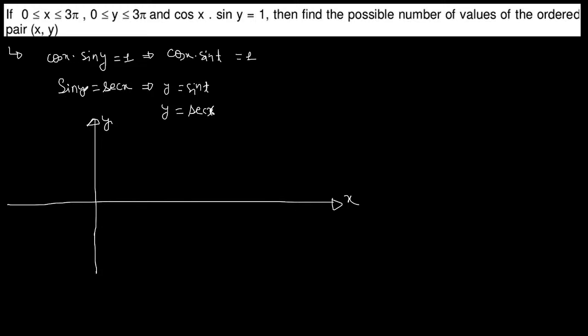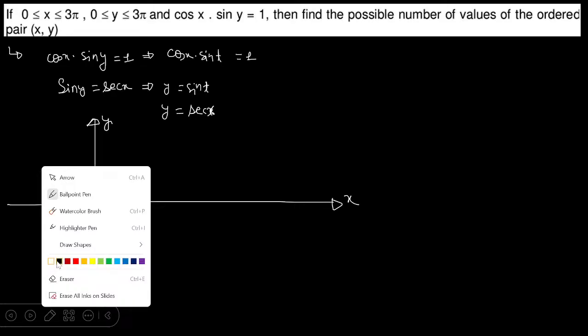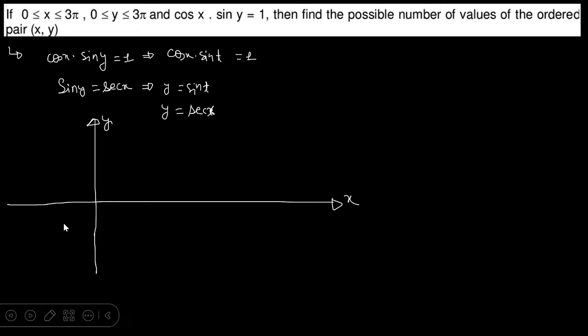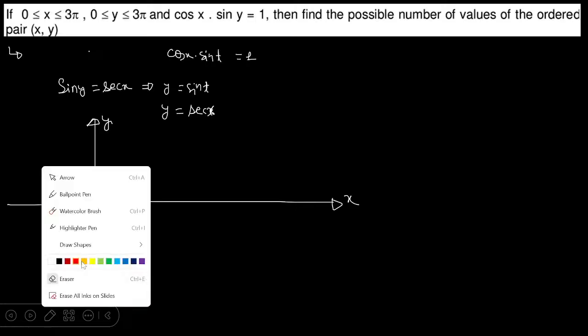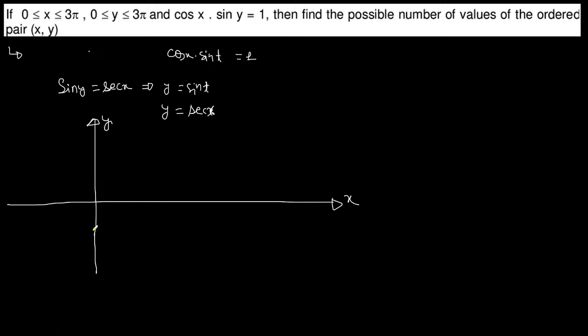So if you put t equal to pi by 2, cos x equal to 0, it will match, isn't it? So that is how it will go. So that is how it will match, and we will take multiple colors.